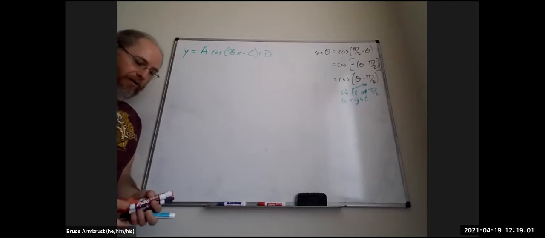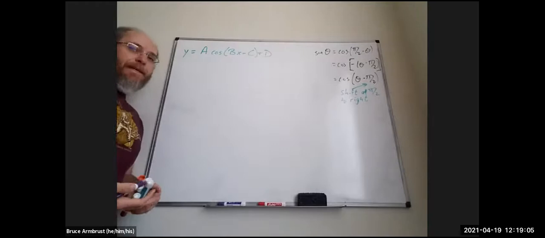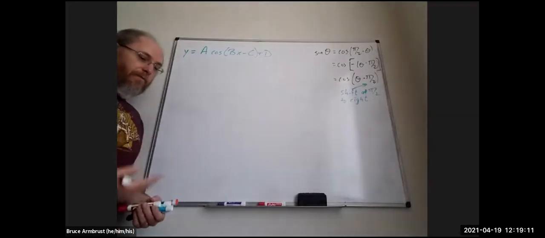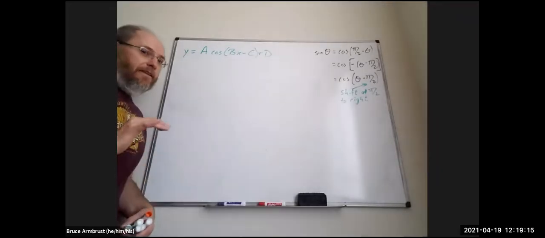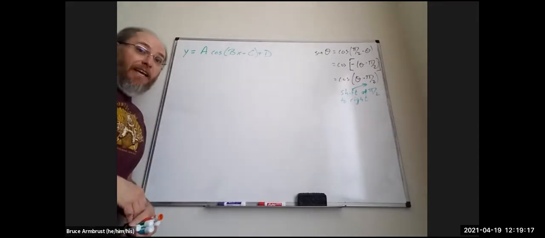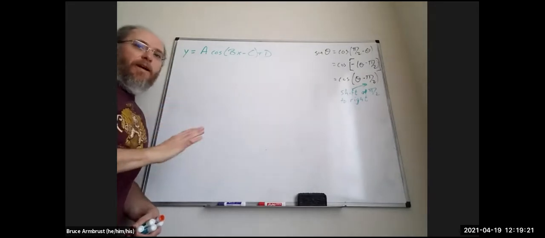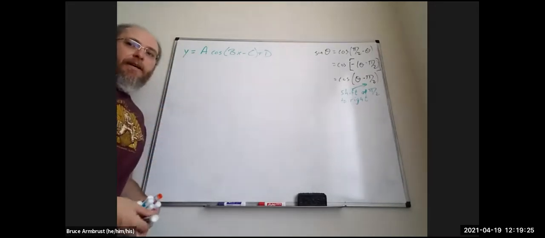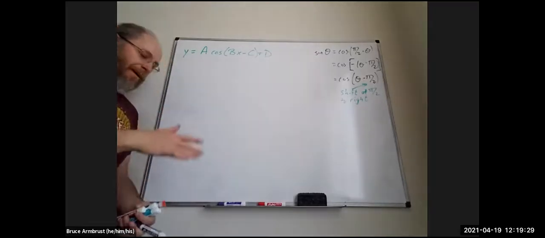And we're going to look at what do all these letters do? What do A, B, C, and D do to the graphs for cosine? Now I'm doing this for cosine. Same thing's going to happen for sine, because remember, it's just shifted. So if you look at one or the other, sine or cosine, you'll know what happens with the other one. I'm going to show you cosine because the book goes through sine, right? But it's the same idea.